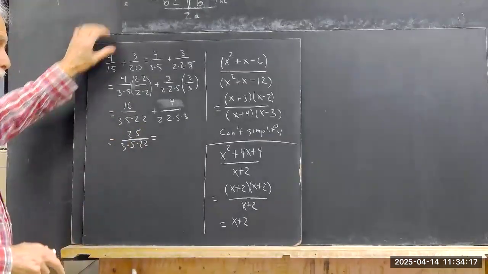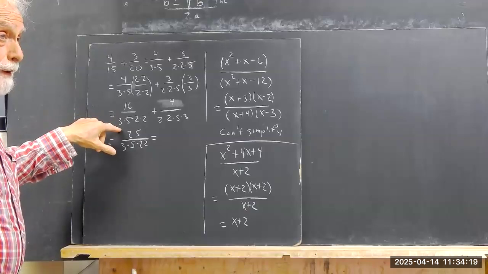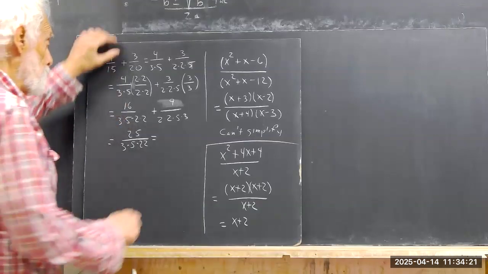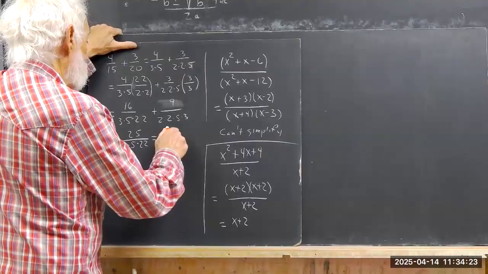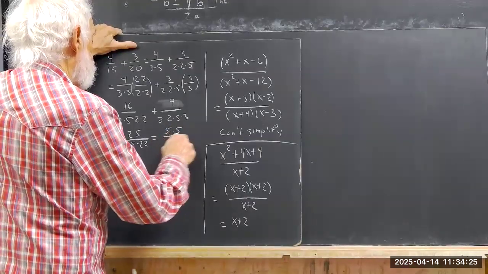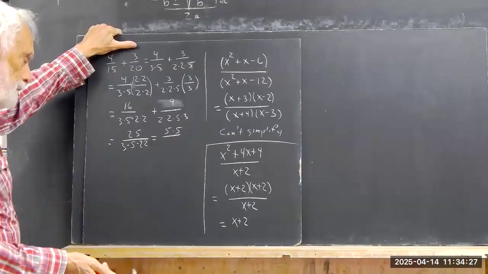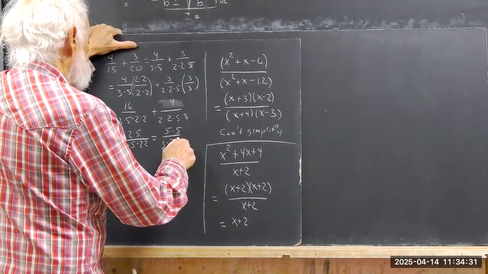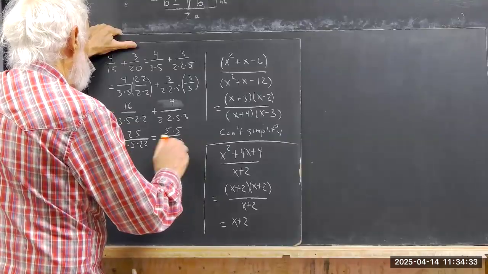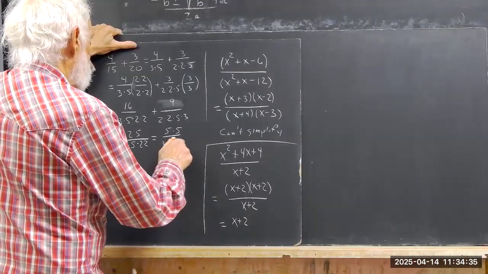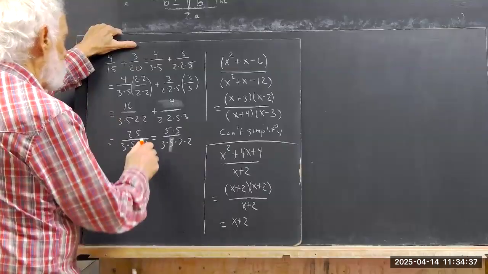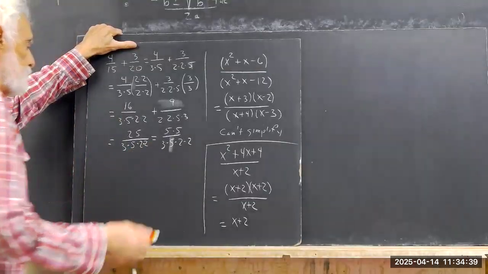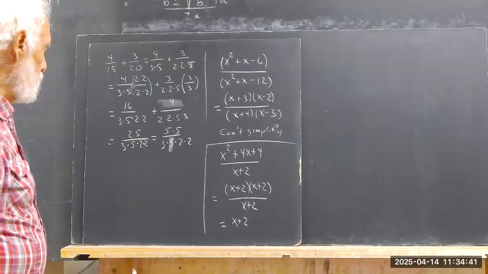Well, 2 doesn't divide 25, and neither does 3, but 5 does. So 5 goes into 25 5 times. 5 times 5 is the numerator, over 3 times 5 times 2 times 2.